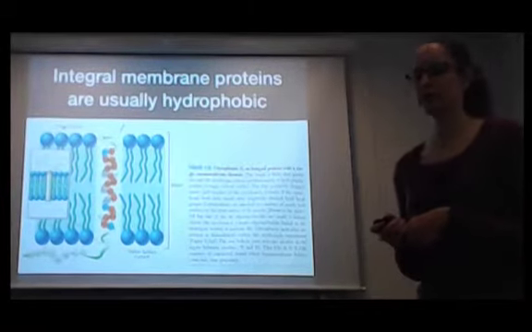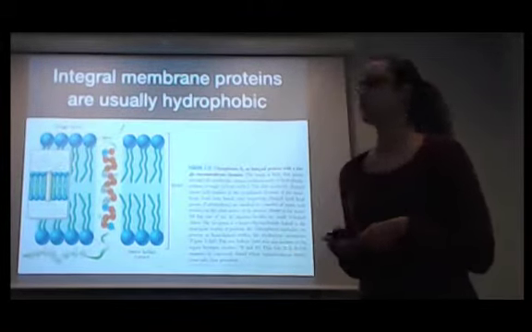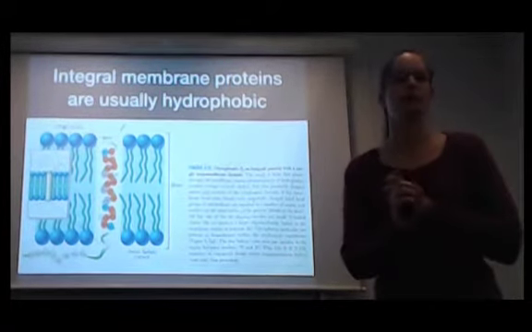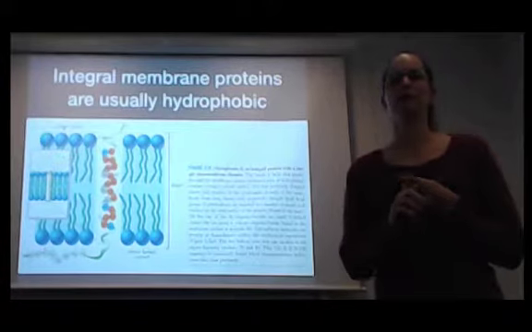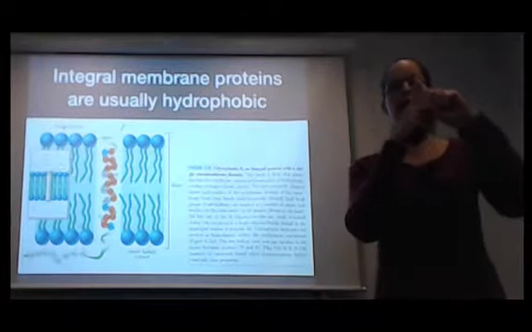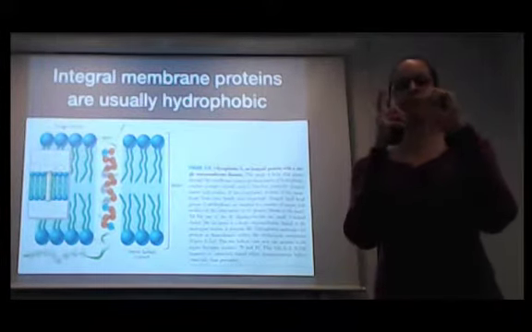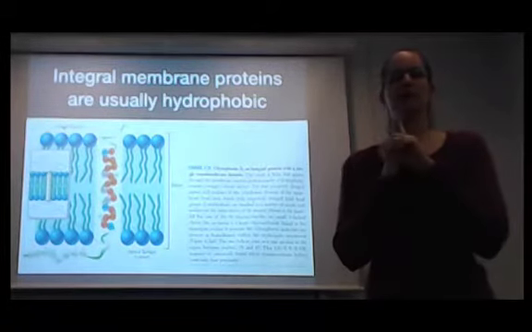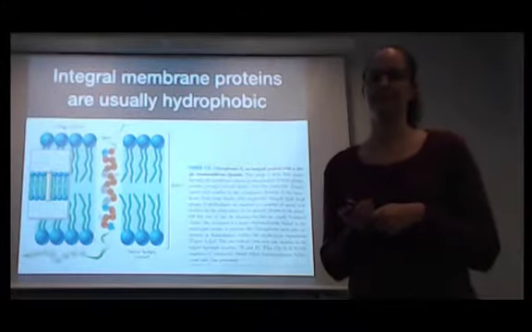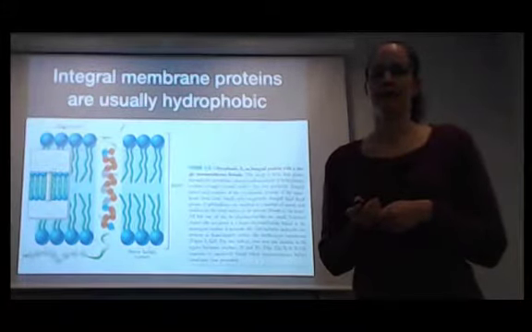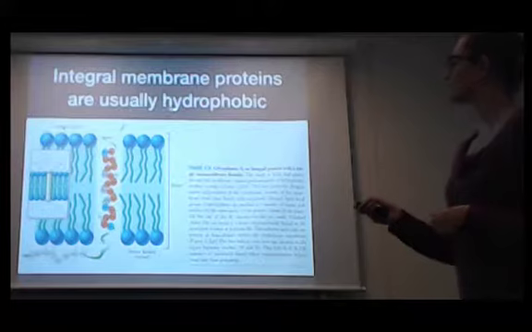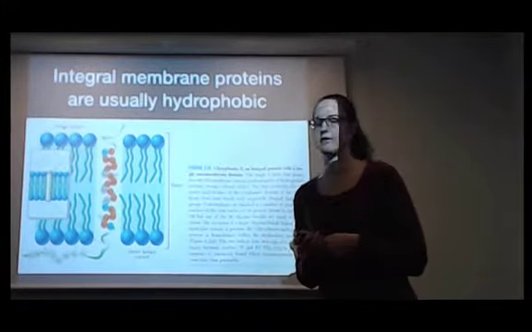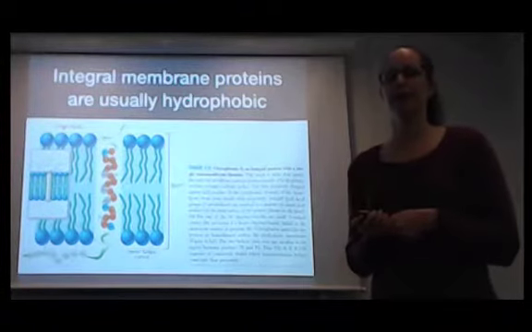But if I tell you that glycophorin A is most of the time associated as a dimer, then you can understand why it would be favorable to have glycines, right? So instead of having two parallel helices, you can have slight bends introduced into the bilayer, and then the two helices can interact together quite favorably. So this tells us that membrane proteins are usually hydrophobic, but you can have exceptions to this rule.